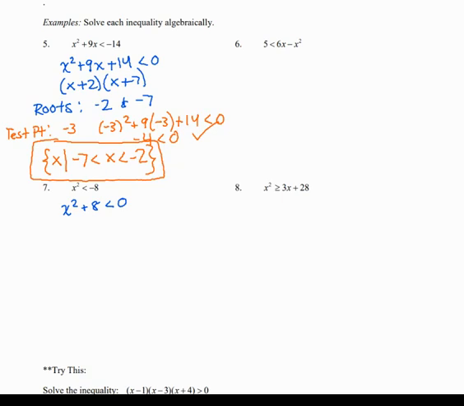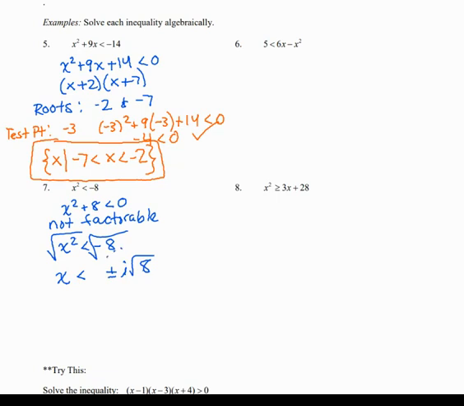Can we factor that? No, it's not factorable. So what's another way we could solve these roots? We could use the quadratic formula, we could complete the square, or I can notice I could take the square root since that x value is already alone. This will give me x is less than or greater than, when I flip it, but we're going to get a plus or minus i root 8.